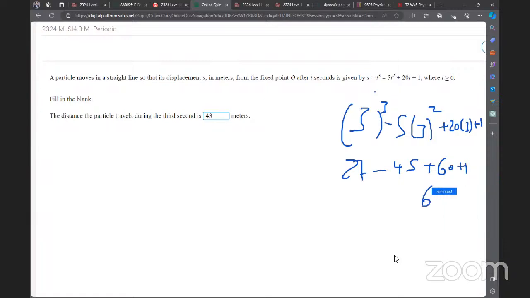Okay, 60 plus 1 is 61. 27 minus 45 is what? 27 minus 45 is negative 18. So yeah, 61 minus 18. Yeah, it is 43. Okay, so what was the problem?